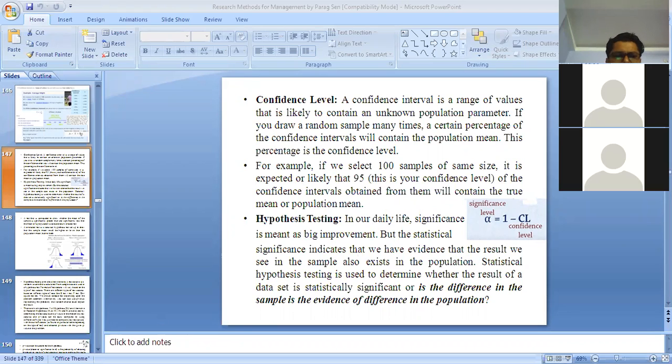So in hypothesis testing, as you can see in the slide, in our daily life, significance is meant as big improvement, but statistical significance indicates that we have evidence that the result we see in the sample also exists in the population.